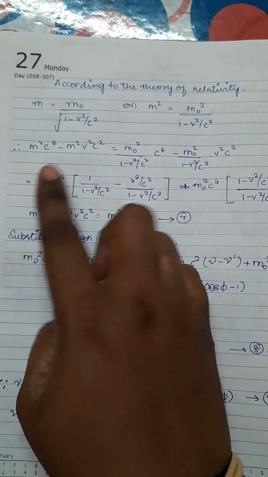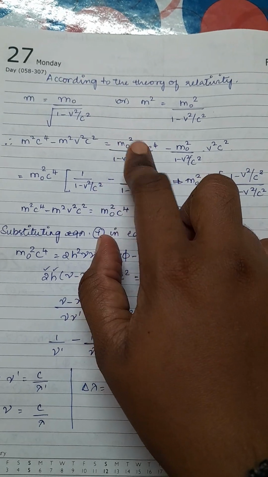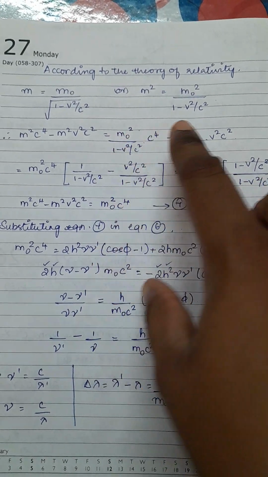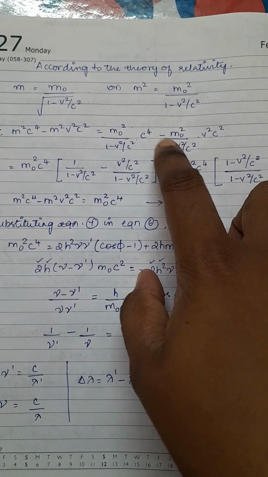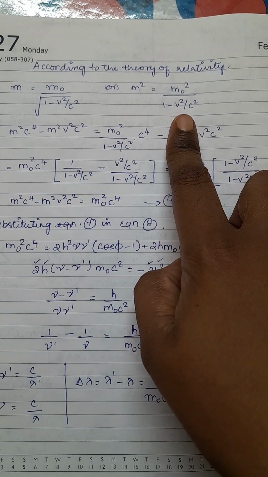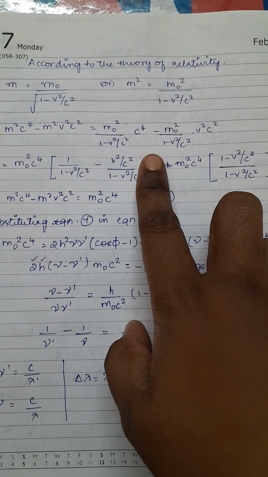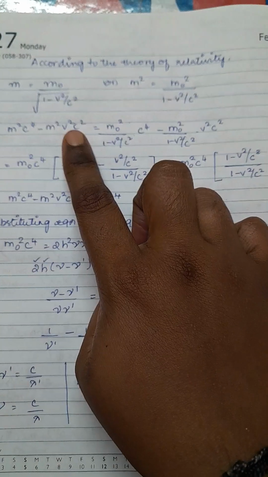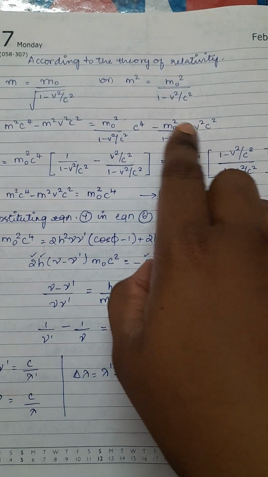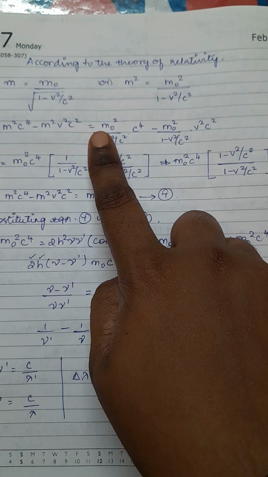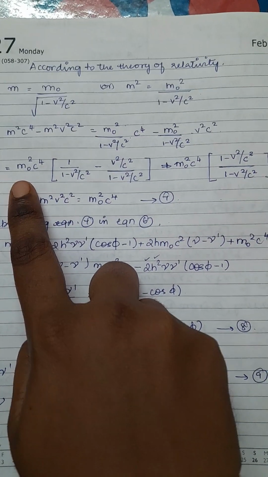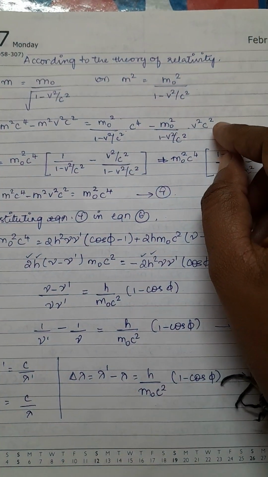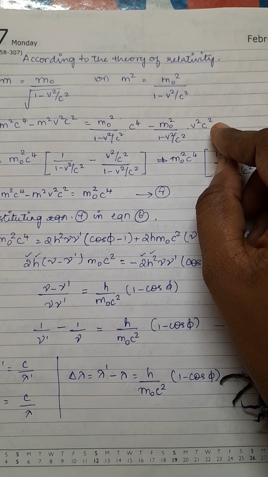So instead of m square, we can substitute m naught square by 1 minus v square by c square into c power 4 minus, again going to substitute the value for m square, so m naught square by 1 minus v square by c square into v square by c square. Okay, so now we are going to take the common parts outside, which is m naught square c power 4. Here in the second term we are not having c power 4, isn't it?